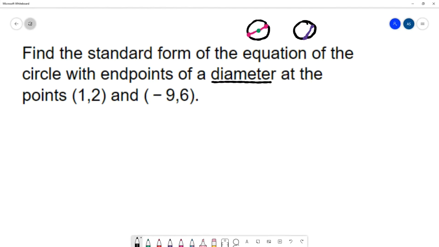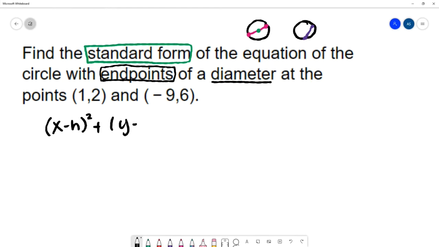Now, when you have the endpoints of the diameter, you can use those endpoints to help you find the center and the radius. And the center and the radius are going to be very helpful for writing the standard form of the equation. The standard form is (x - h)^2 + (y - k)^2 = r^2.